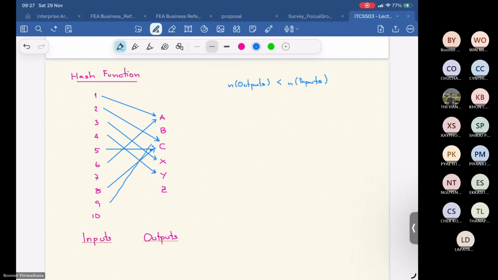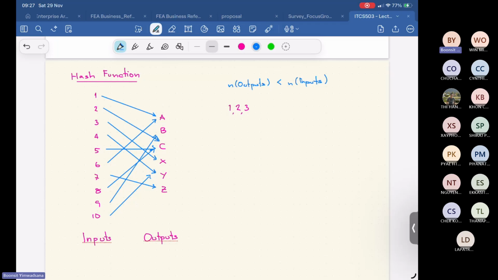And usually, this mapping will always end up in a messy process like this. So, in this example, let's say that I want to send 3 numbers, 1, 2, and 3.